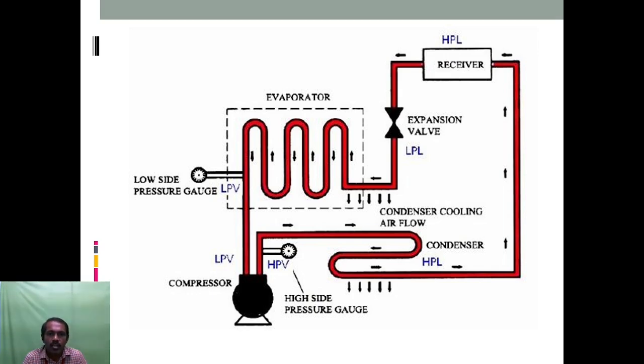Then the refrigerant released from the evaporator goes again to the compressor as low temperature, low pressure vapor. So this process is a continuous cycle. It is the working of refrigeration.